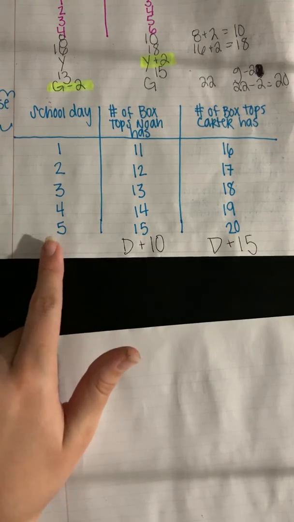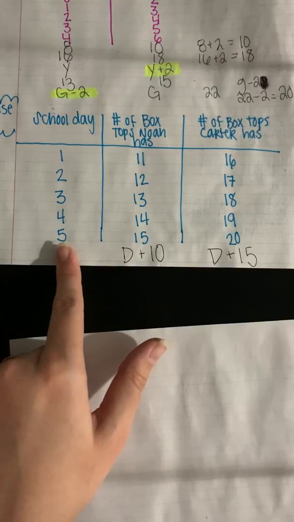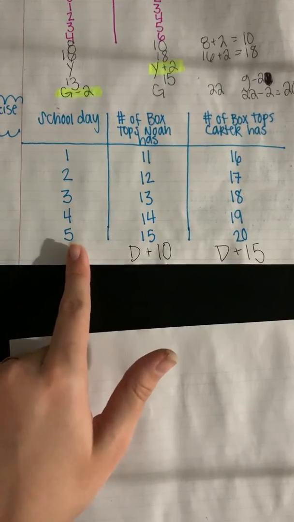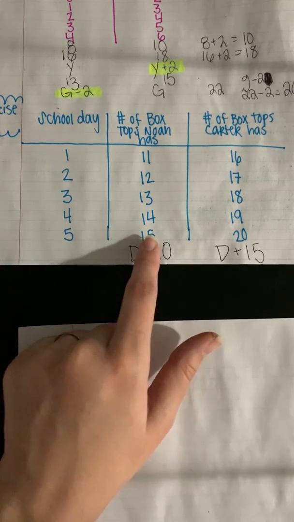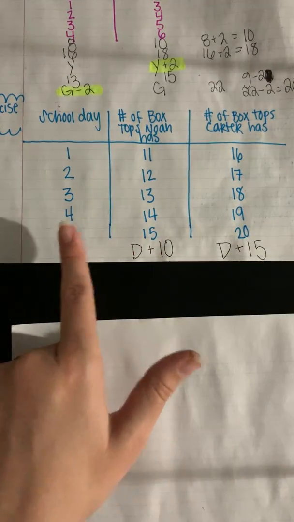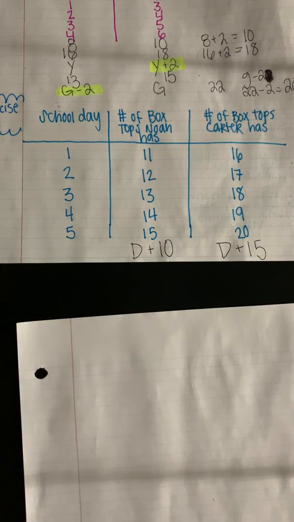And that makes sense because if it's the 5th day of school, and I said I wanted to know on the 5th day of school how many box tops did Noah bring in, then I could do 5 plus 10, and I see that it's 15. I could do 5 plus 15 and see that Carter brought in 20. On day 10 of school, we could figure out how many box tops Noah will have brought.